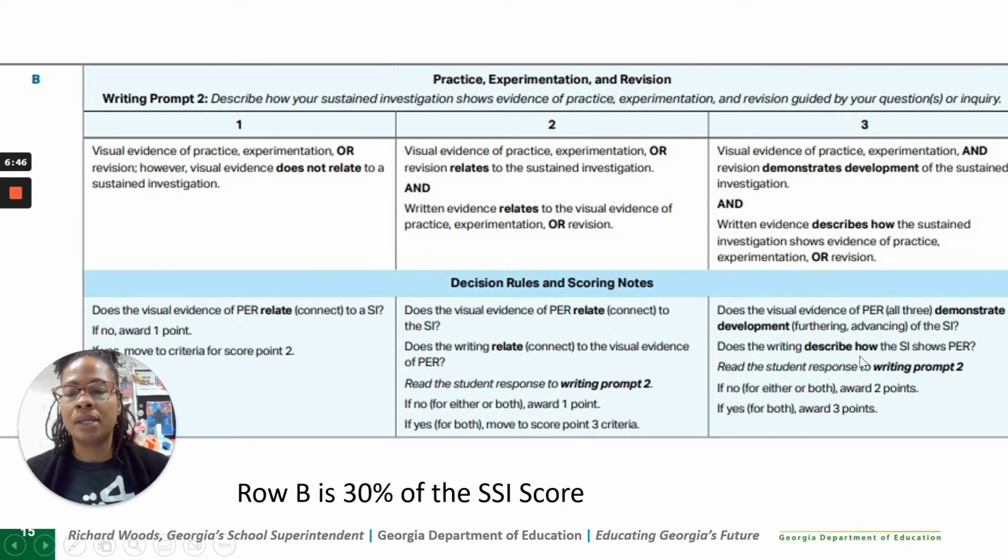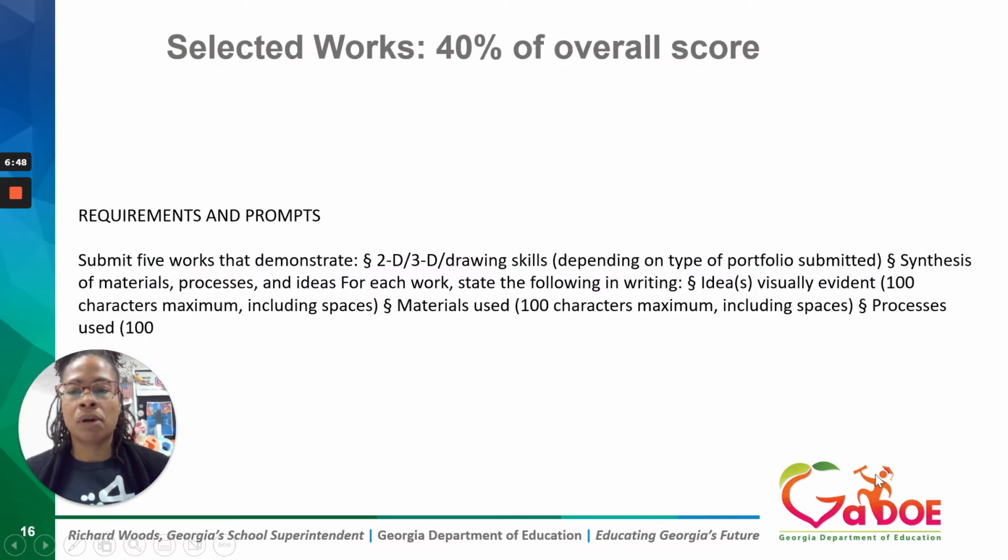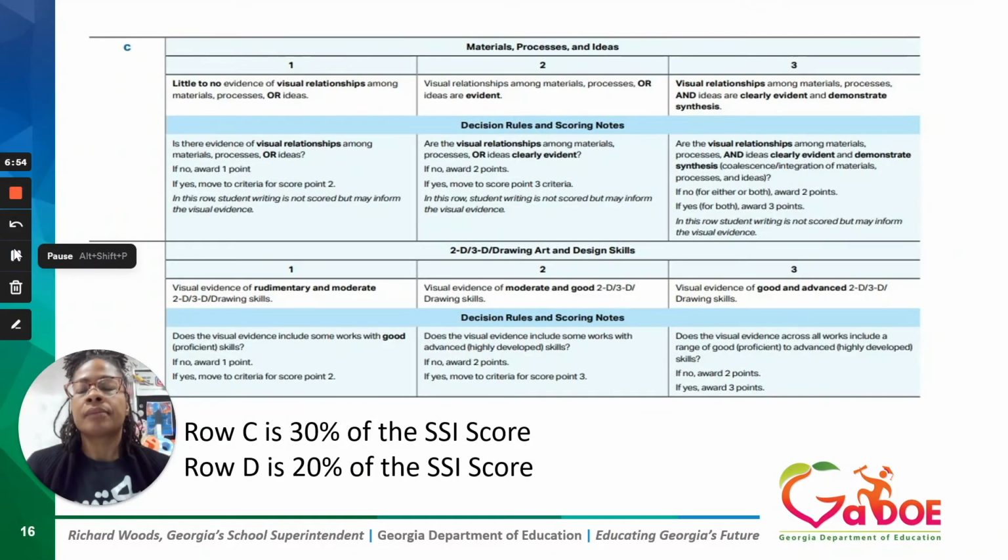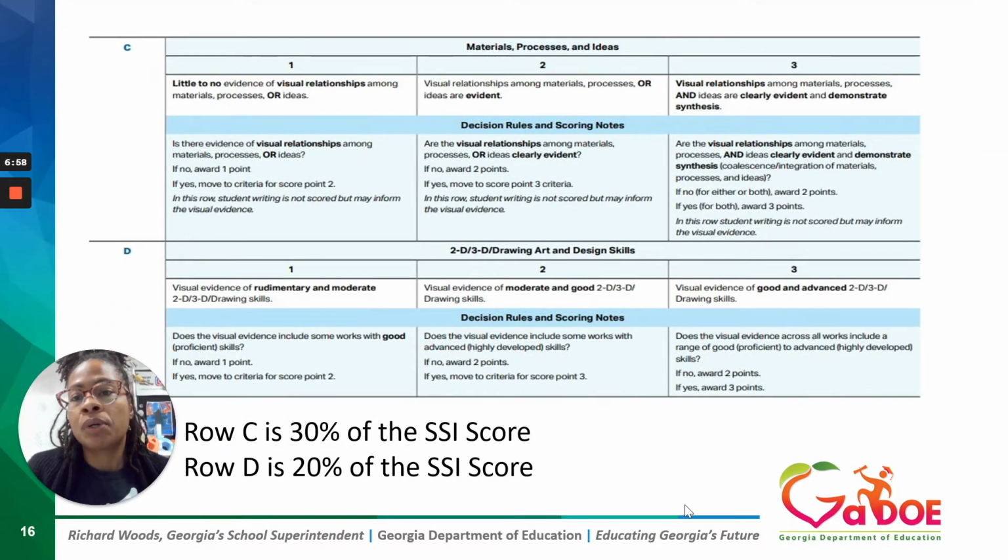So row B is 30% of the overall SSI score. All right, now we're looking at row C and D. So row C has to do with just visual. Well, both C and D have to do with the visual imagery. And you look at the weight of C is 30%, and the weight of D is actually 20%.